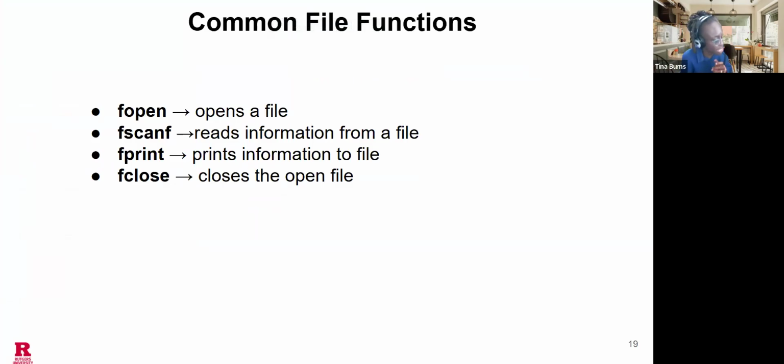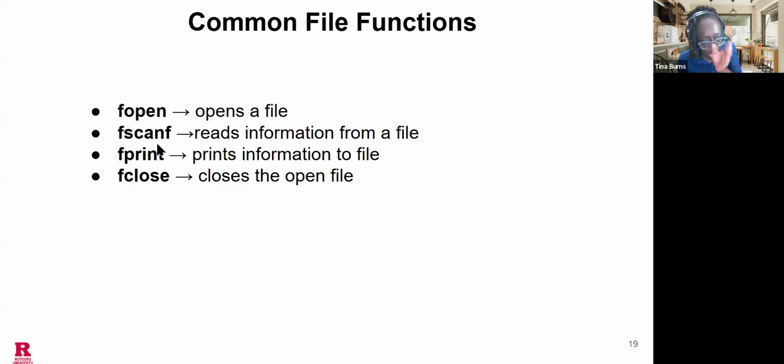So up to this point, I've been using the scanf function, which gets input directly from the user. But for most of our programs, for most of the code and things that we'll be doing, we're actually going to retrieve the information from files. So here are some of your common file functions and different things you might be using. Open a file, and notice how this is very similar.